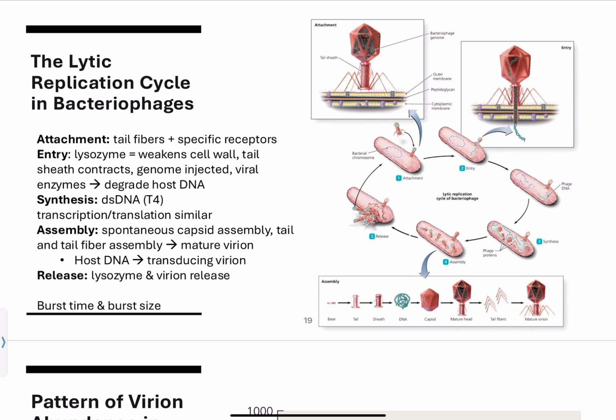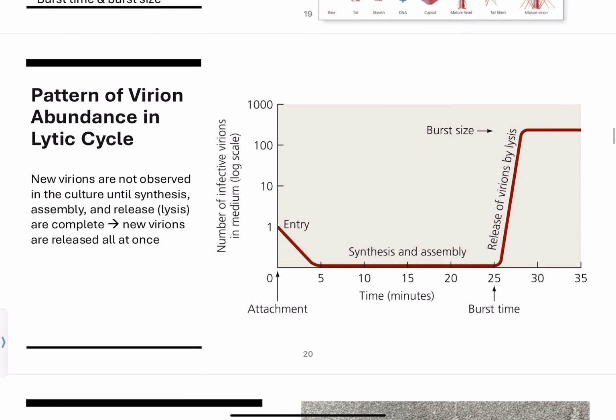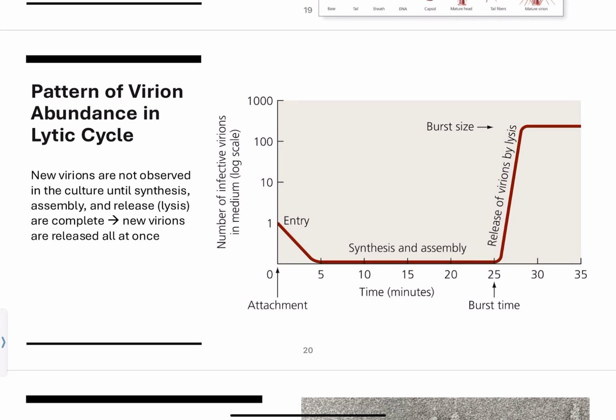Then the viral genome really quickly shuts down the bacterium's normal processes and redirects the host enzymes to make its viral components. Then the new phage particles are assembled and the cell eventually lyses open, releasing hundreds of offspring that will go on and infect new cells.